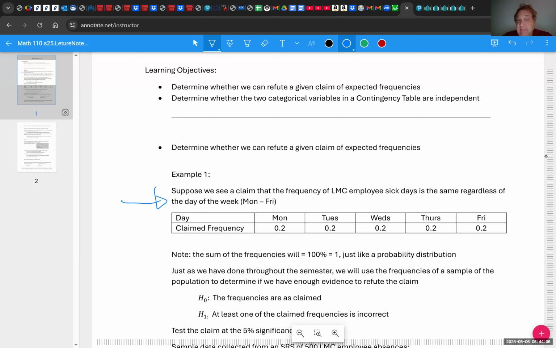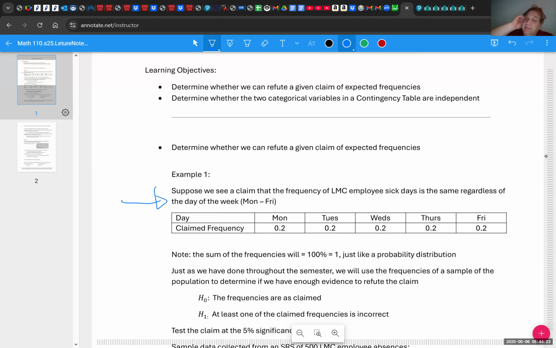So our claimed frequency, our expected frequency is 20% for each day across the board. Notice that those five add up to 100%, just like any kind of probability distribution. The sum of all the frequencies has to add to 100%.